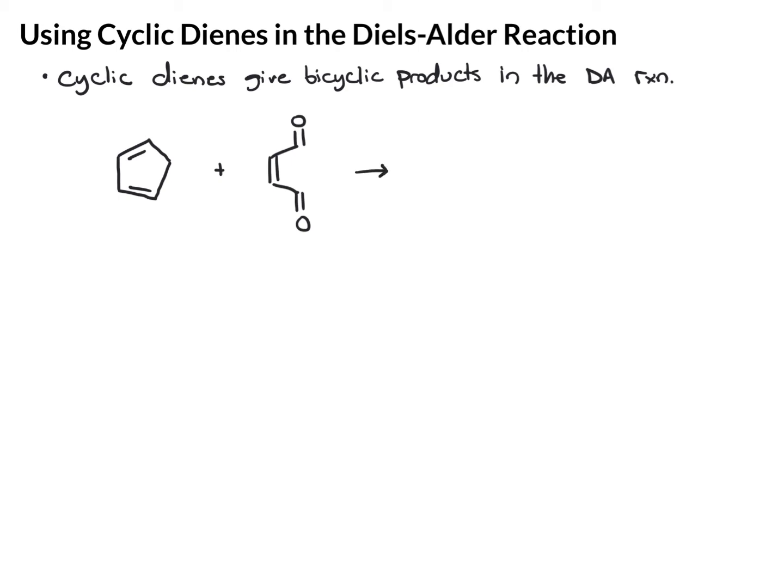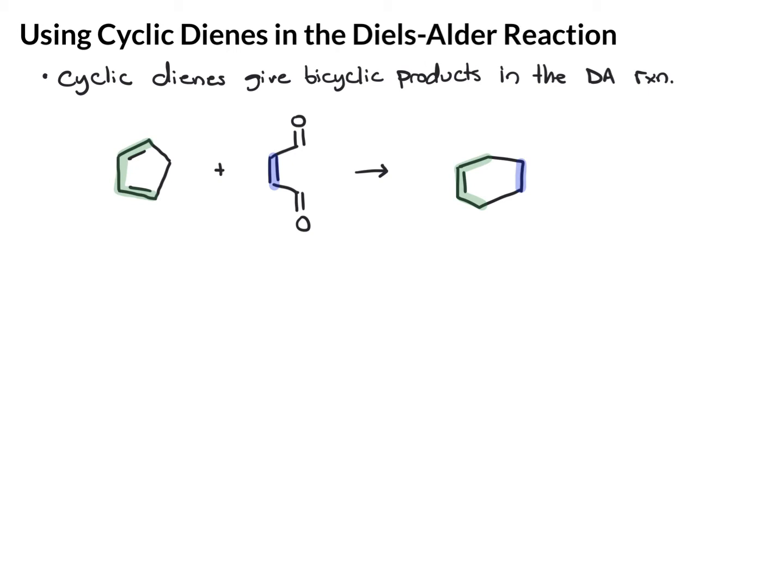So let's start with just getting to our core structure, and for the core structure we're going to have the 4 carbons of the diene reacting with the 2 carbons of the dienophile to give us cyclohexene. There's our core product. But we have a little bit more to do here.